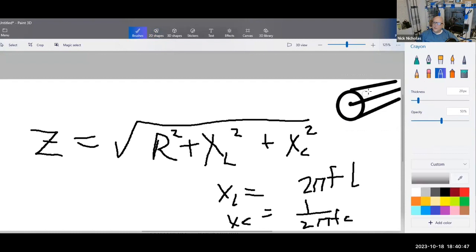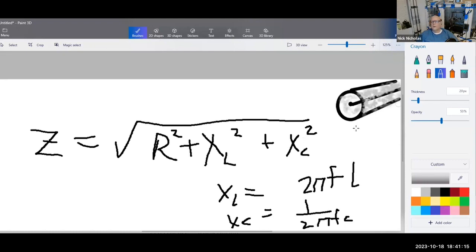Now, if you can imagine that this shield surrounds that wire. Well, essentially what you've got is that wire acts like a plate. So there's some capacitance between the shield and the conductor.